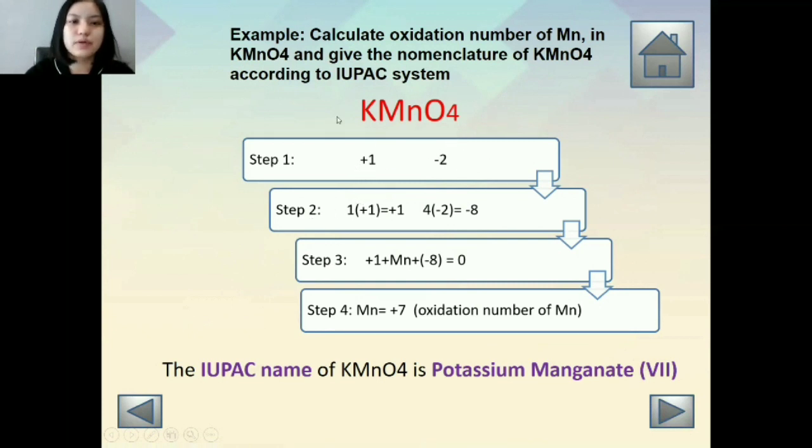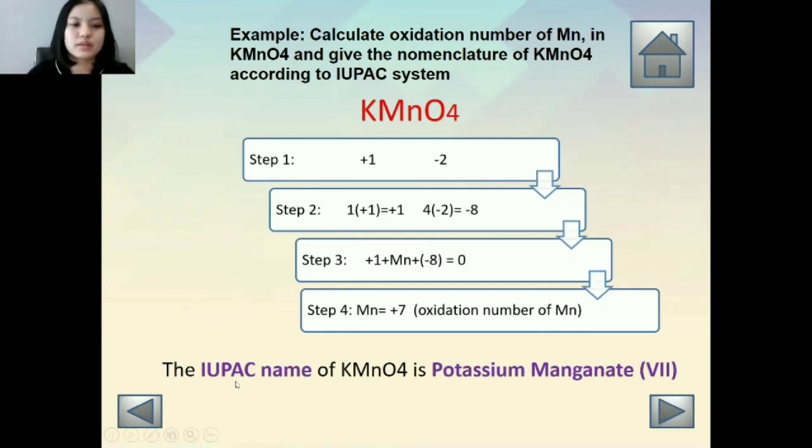Step 2, multiply by the number of atoms: K has only 1, so times 1, and it has 4 oxygen, so times 4. Step 3, add up all the elements to equal 0. Step 4, calculate Mn, which is equal to +7. The +7 is the oxidation number of the Mn.